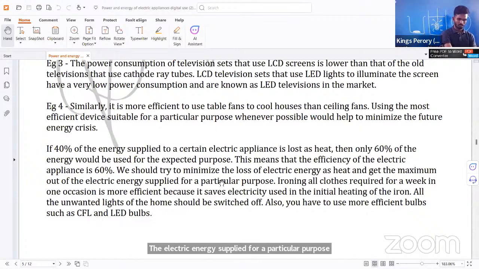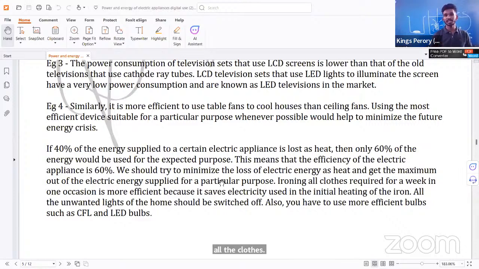Ironing all clothes required for a week on one occasion is more efficient because it saves electricity used in the initial heating of the iron. Now, when you're ironing clothes, usually your mother tells you to iron all your clothes and finish it, maybe on Sunday night, and keep them for that week.